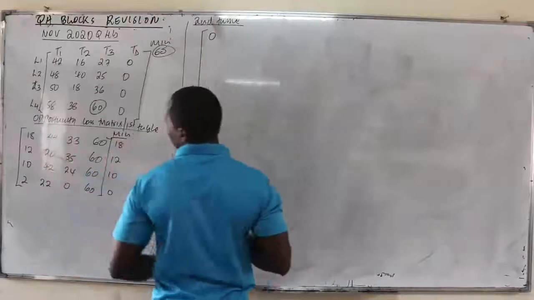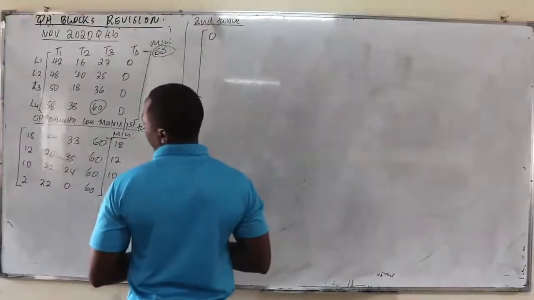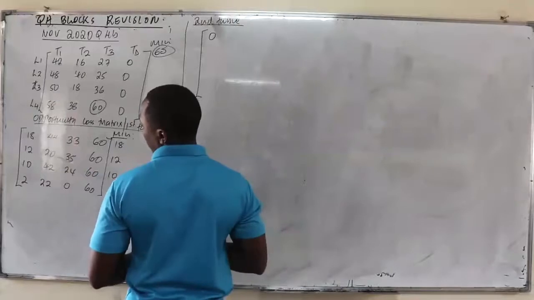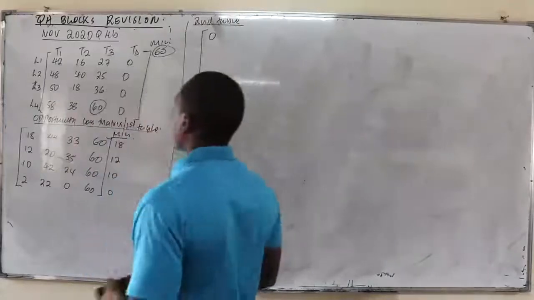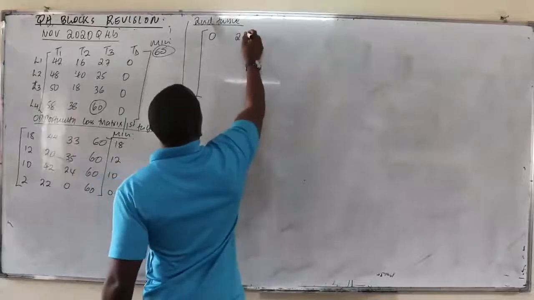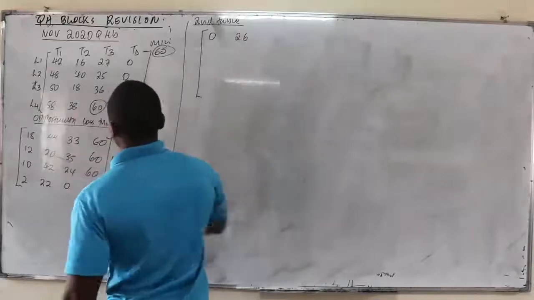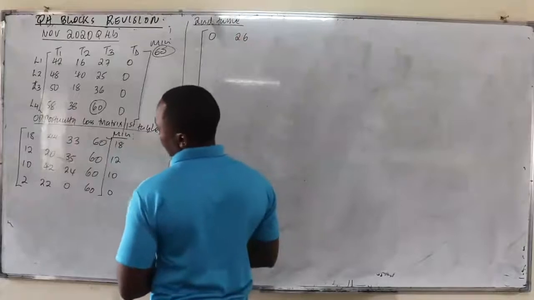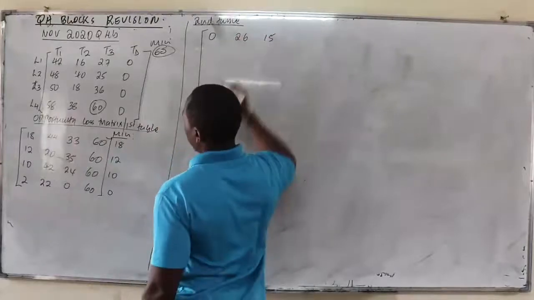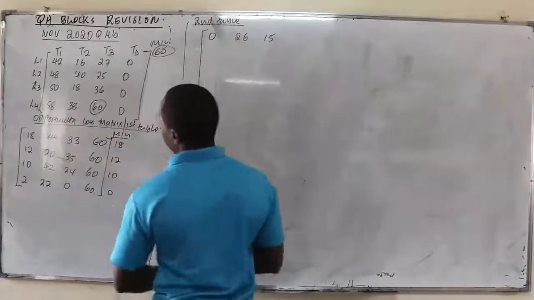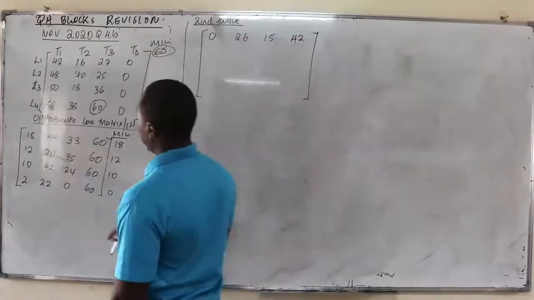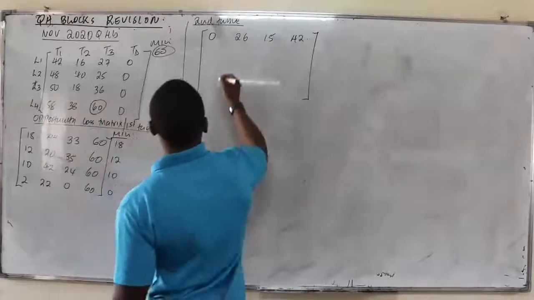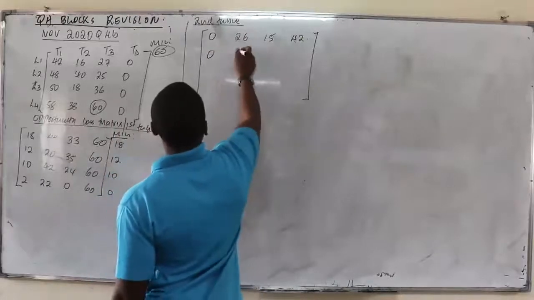44 minus 18, is that 26? 26, eh? Then 33 minus 18, that's 15. And then 60 minus 18, you get 42, right? 12 minus 12, 0.